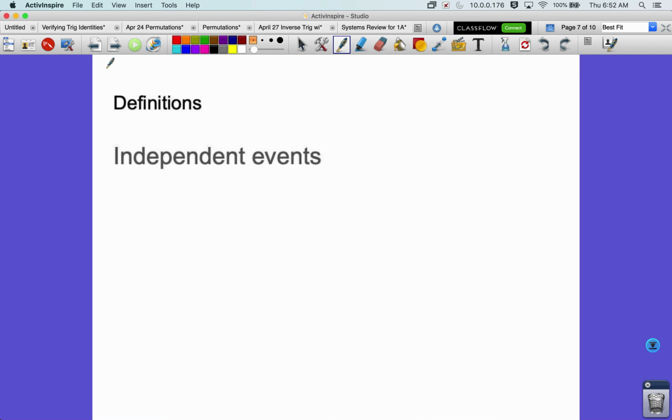Okay, independent events. This is very often confused with mutually exclusive. You need to understand that there's a difference here. Independent events is when two events happen in order, this is like the most important part right here. There has to be some sort of ordered quality to it.